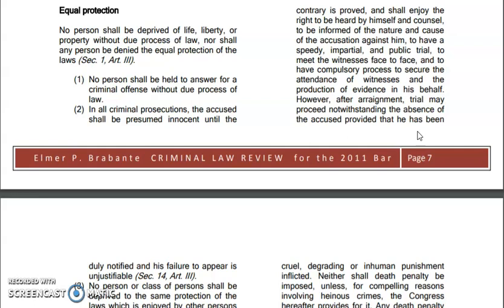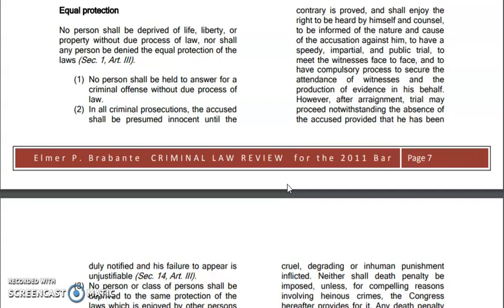Hindi basta pwedeng magsagawa ng batas na hindi general ang application because it must adhere to the equal protection of laws as sanctioned by the Philippine Constitution. Specifically, no person shall be held to answer for a criminal offense without due process of law.